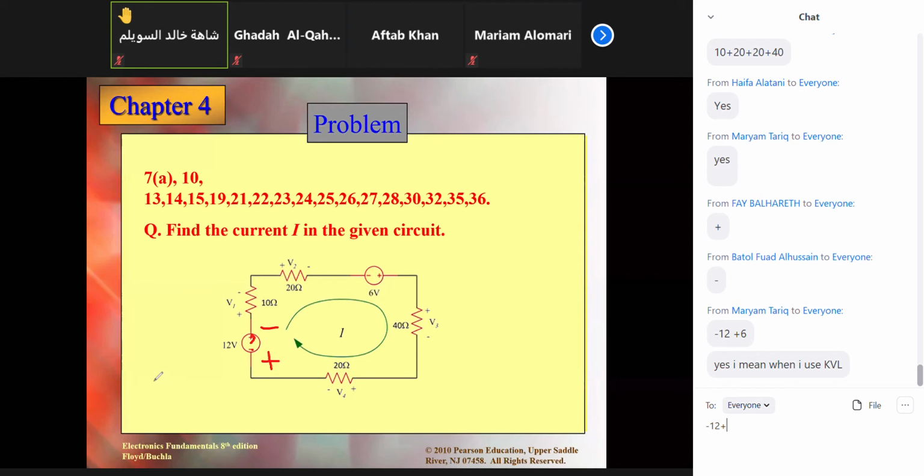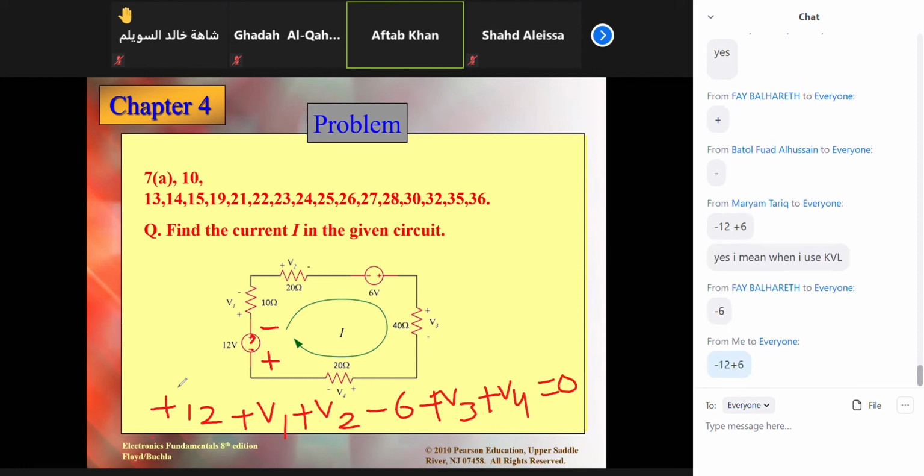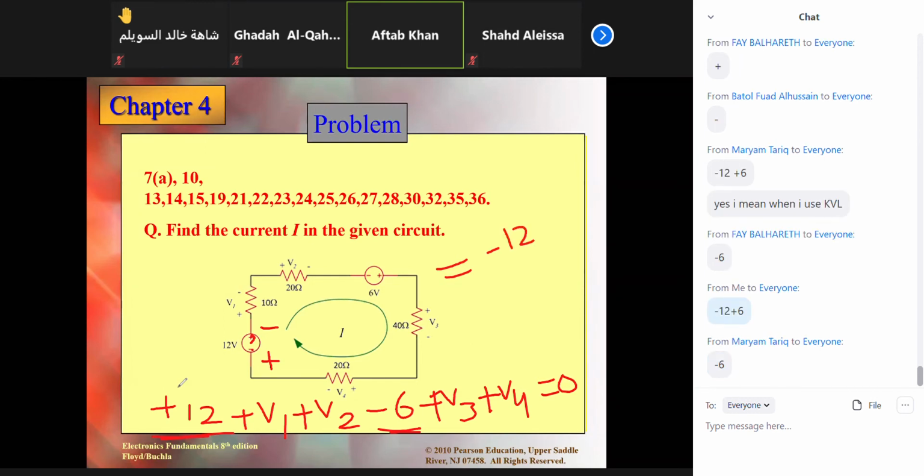But as per the sign, I told you, if you write it now, plus 12, plus V1, plus V2, minus 6, plus V3, plus V4 is equal to 0. When I bring this to the other side, you know what it will be now? Yes, it is going to be basically minus 12 plus 6 over 90, that is minus 6 over 90.